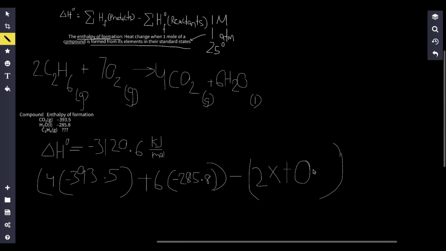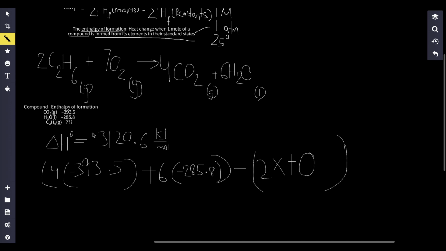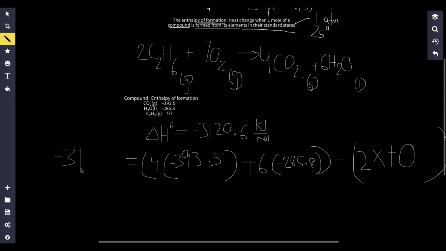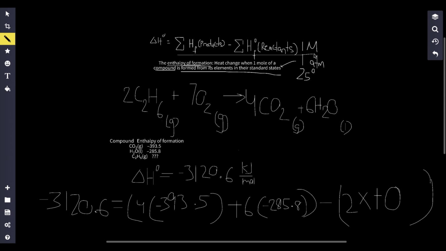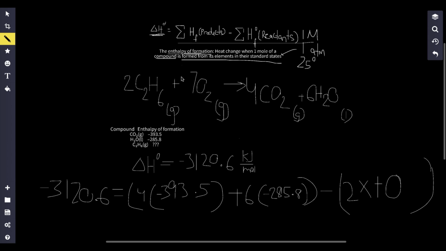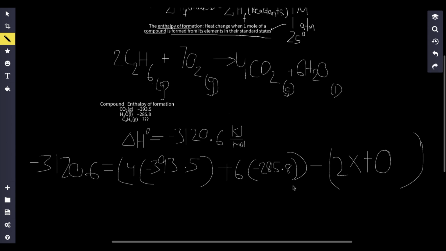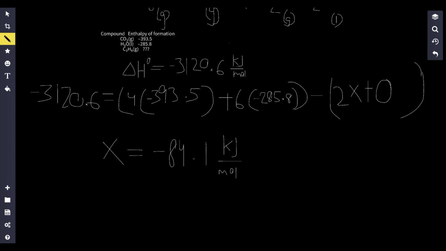Now we know that the overall reaction has a given enthalpy change, so that is the thing I'm going to set this equal to. Because the enthalpy of formation calculation gives you the change in enthalpy, if we're given our change in enthalpy, we can just set that equal to whatever formation calculations we're doing.